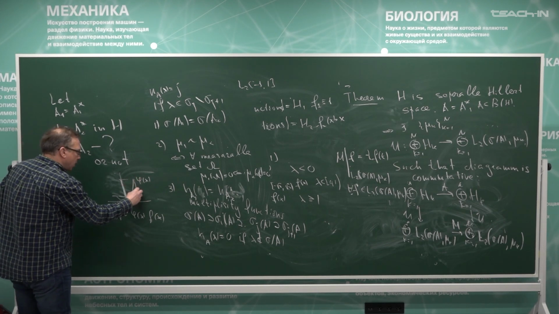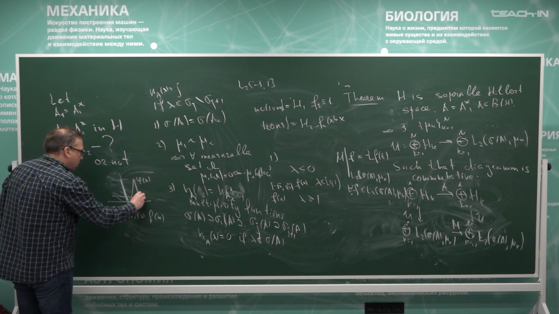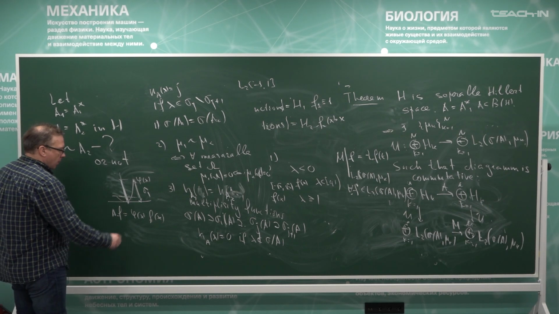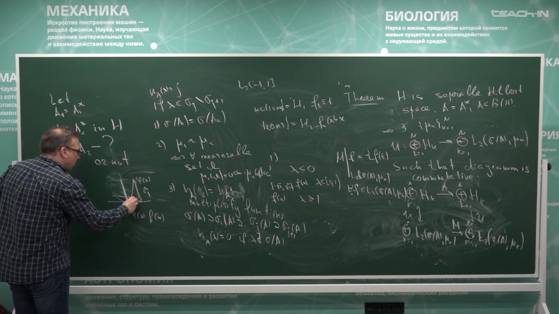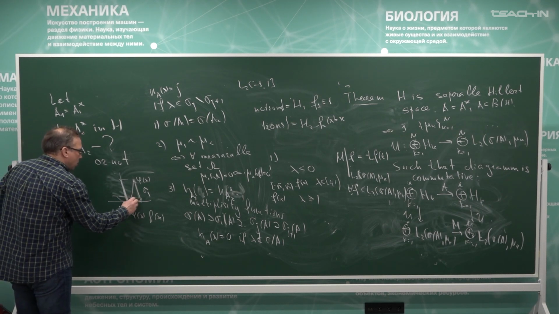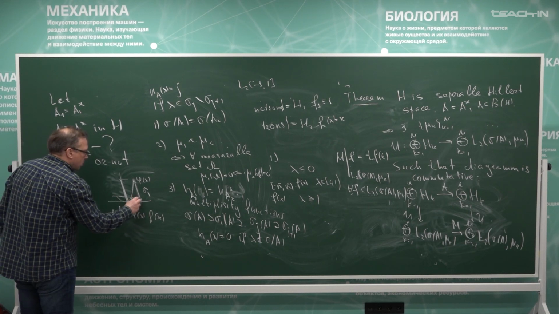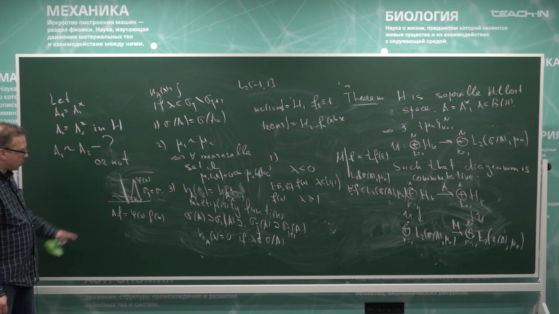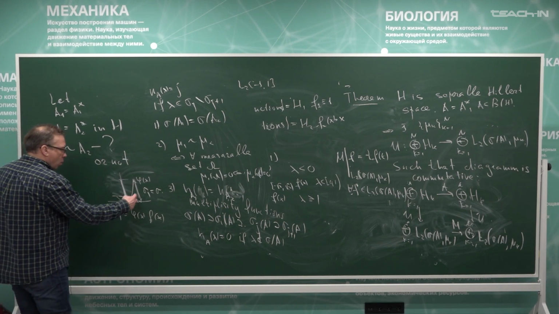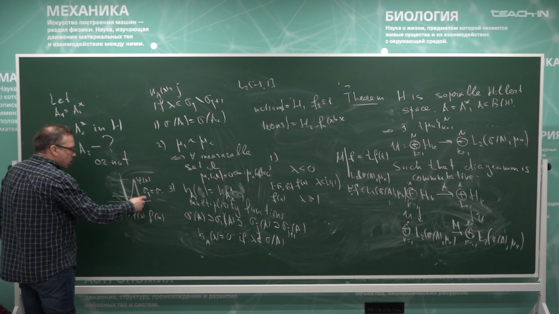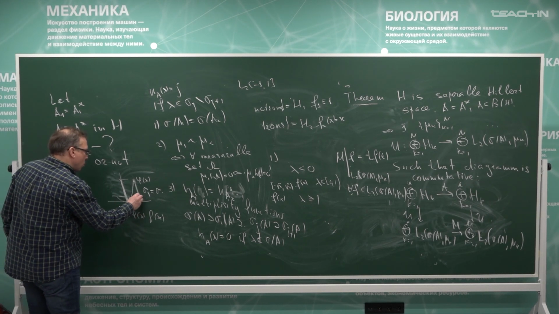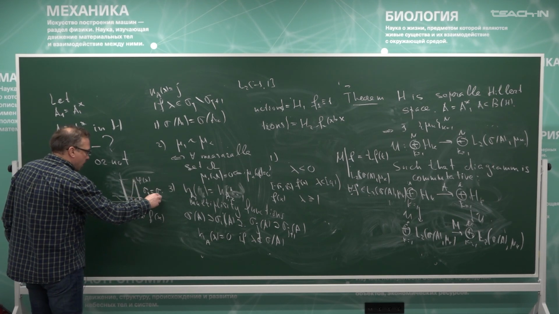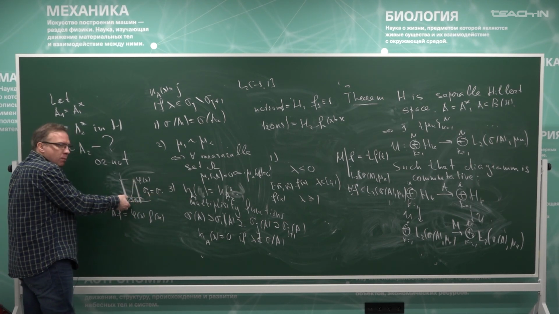So sigma 1 is all of the spectrum, and this part is sigma 2.